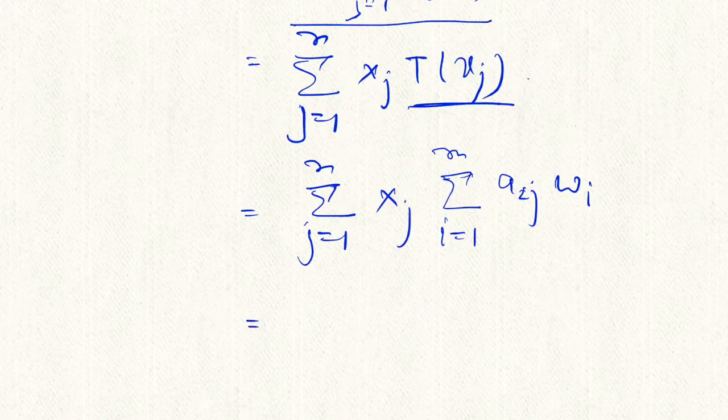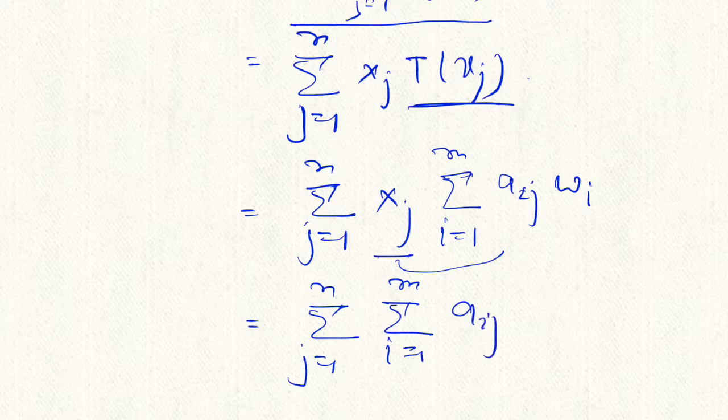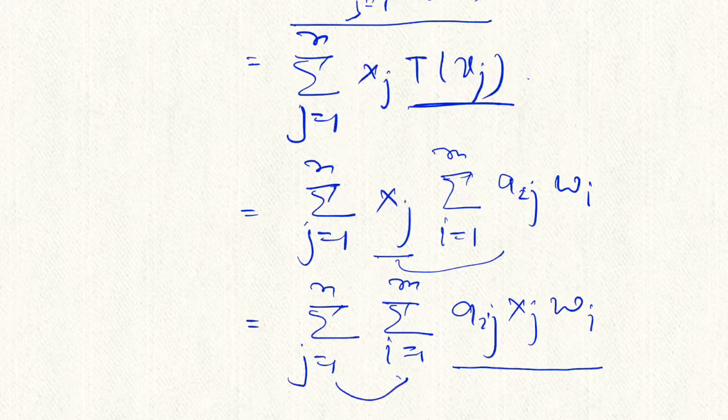And in the next step we will take it inside, so we can write j equal to 1 to n, i varies from 1 to m, and we can write it as aij xj wi. Since there are a finite number of terms here, we can interchange these two summation signs. So let's do that.